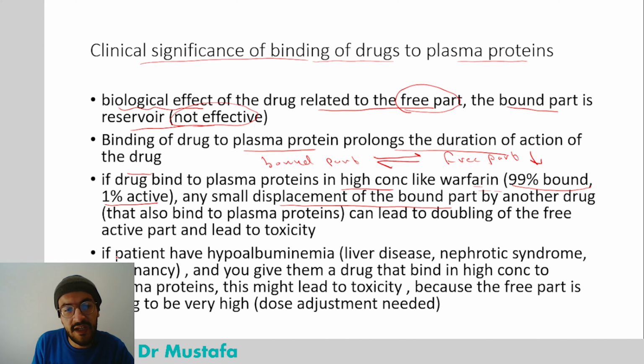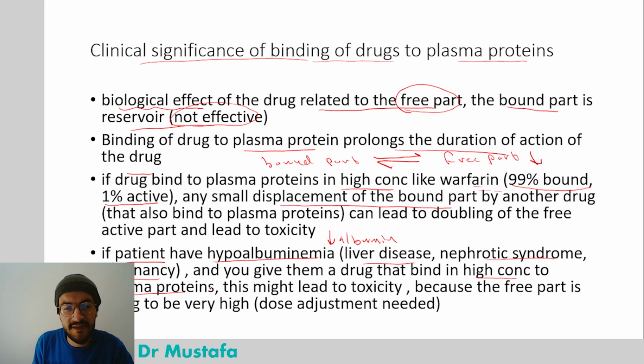Also, if the patient has hypoalbuminemia, so the albumin is low in that patient, like in liver disease, nephrotic syndrome, pregnancy, and you give them a drug that binds in high concentration to the plasma proteins, this might lead to toxicity because the proteins are lower than normal, meaning that the free part would be very high in comparison with the patient that has normal plasma proteins.